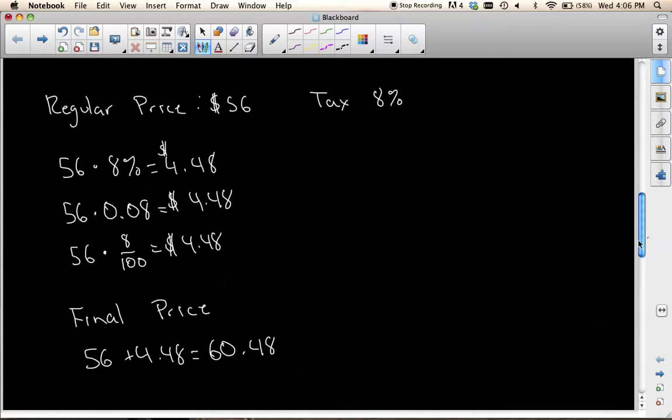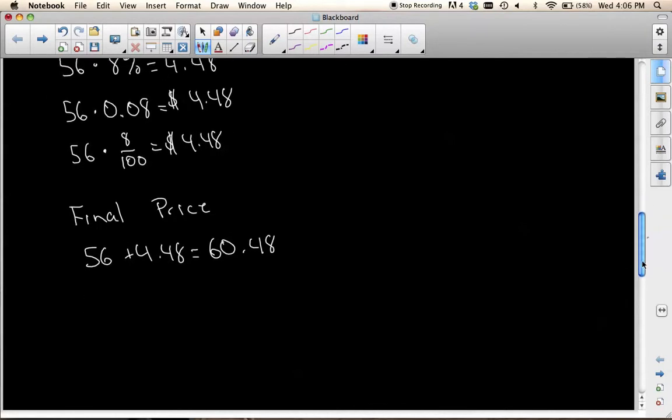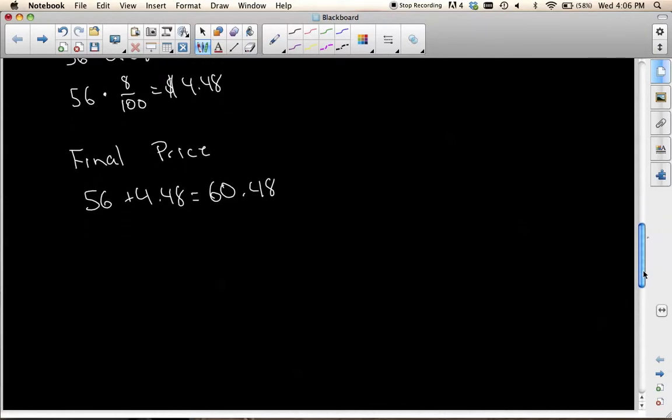Now, the same as we could with the rebate, we can also calculate the final price another way. We can calculate the percentage of the regular price actually being paid. So if I paid full price for my $56 item, I'm paying 100%. But on top of paying the full price for the item, I'm also paying an 8% tax.